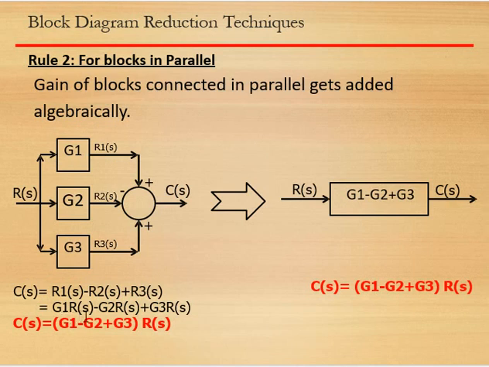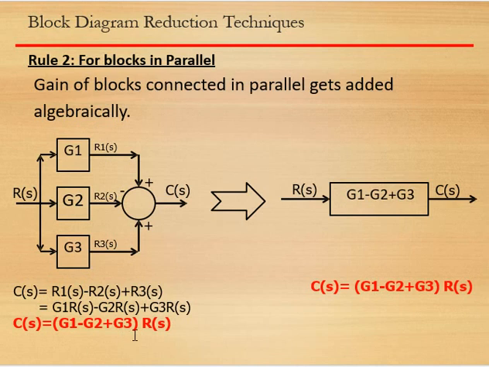So this is G1 into RS written here. So similarly R2s will be what? G2 into RS, that is gain into input. Similarly this R3 will be G3 into RS, but there will be minus sign in between this, and there will be plus sign in between this one.